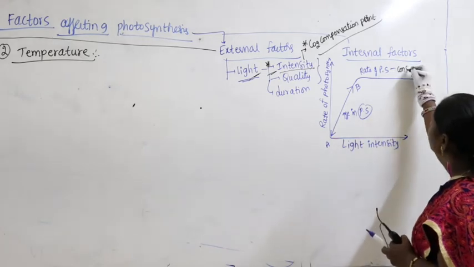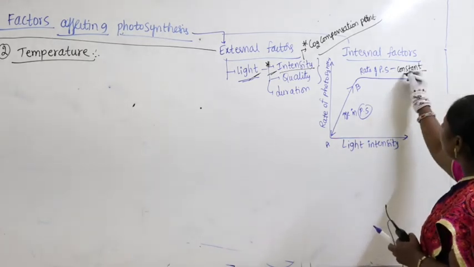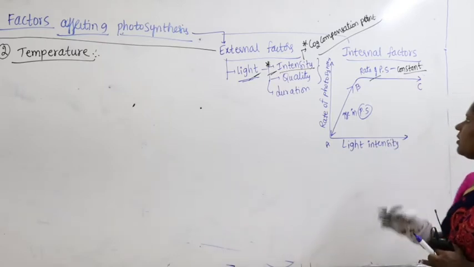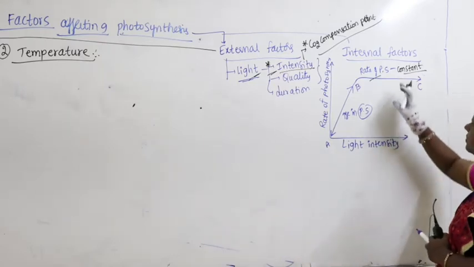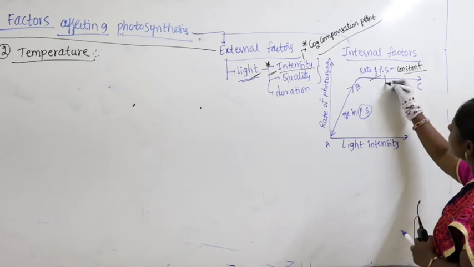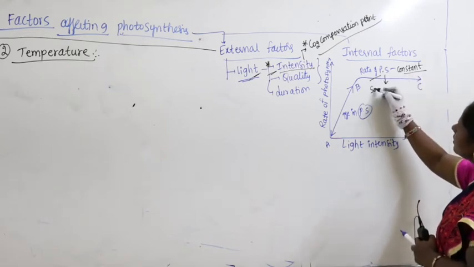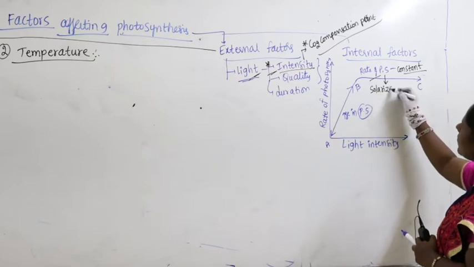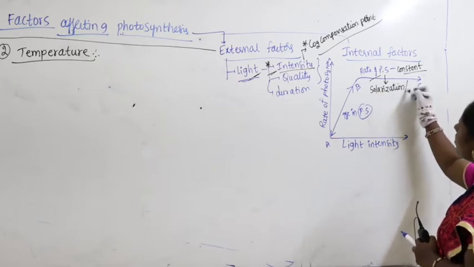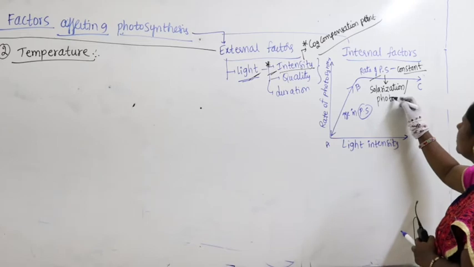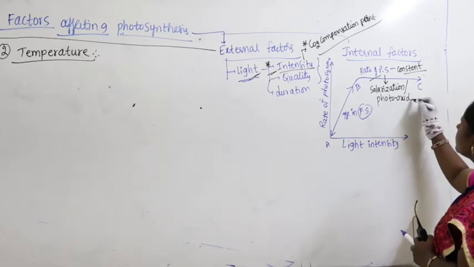Why does the rate of photosynthesis become constant here? Because of solarization, or what we call photooxidation. What is solarization or photooxidation?